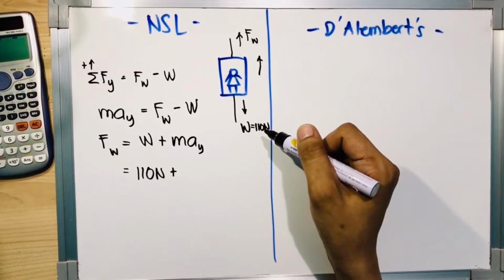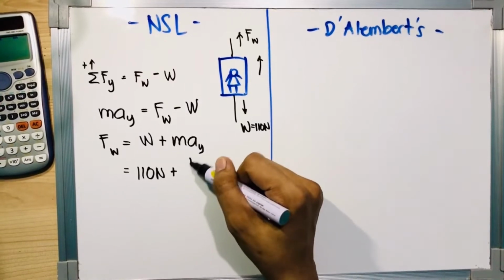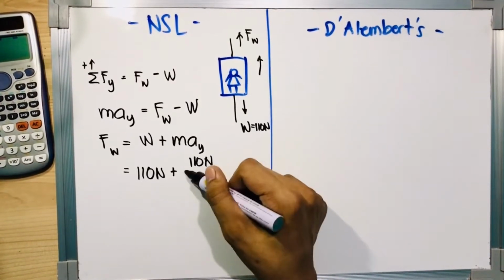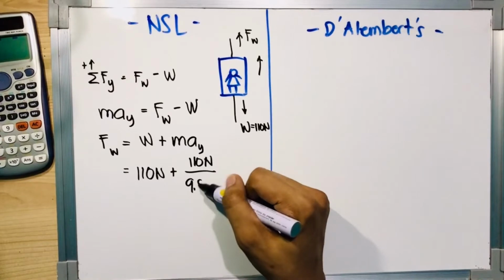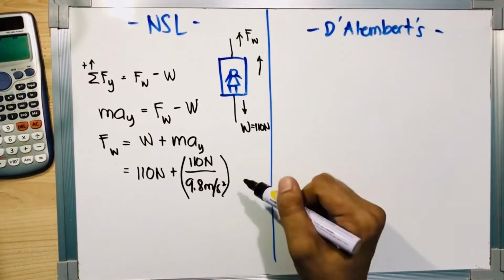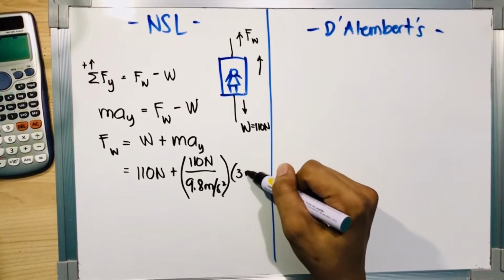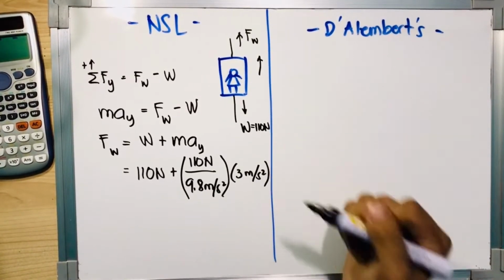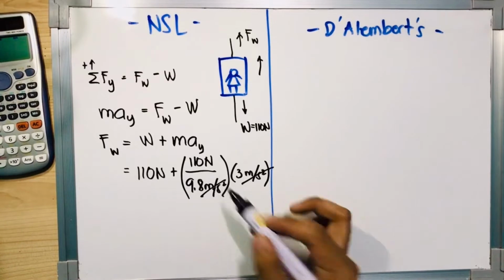So, i-divide lang natin yung weight sa gravity. That's 110 newtons divided by the gravity, which is 9.8 meters per second squared, multiplied by 3 meters per second squared. Okay? So, cancel out na to.